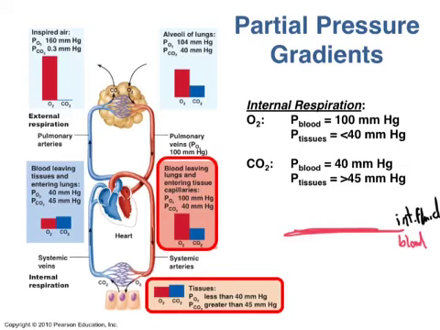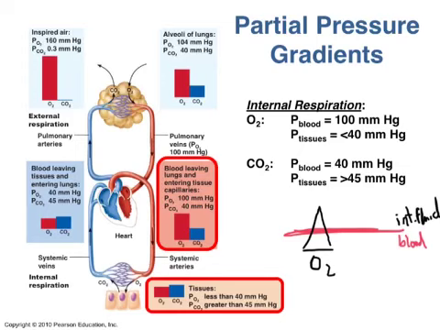Looking at oxygen, you have a partial pressure of oxygen in the blood of about 100 millimeters mercury. This is going to vary depending on how far you are from the lungs. The partial pressure of oxygen in the tissues is variable, but usually less than 40 millimeters mercury. So the pressure gradient for oxygen looks like that. For carbon dioxide, pressure in the tissues is usually over about 45 millimeters mercury and about 40 millimeters mercury in the blood.